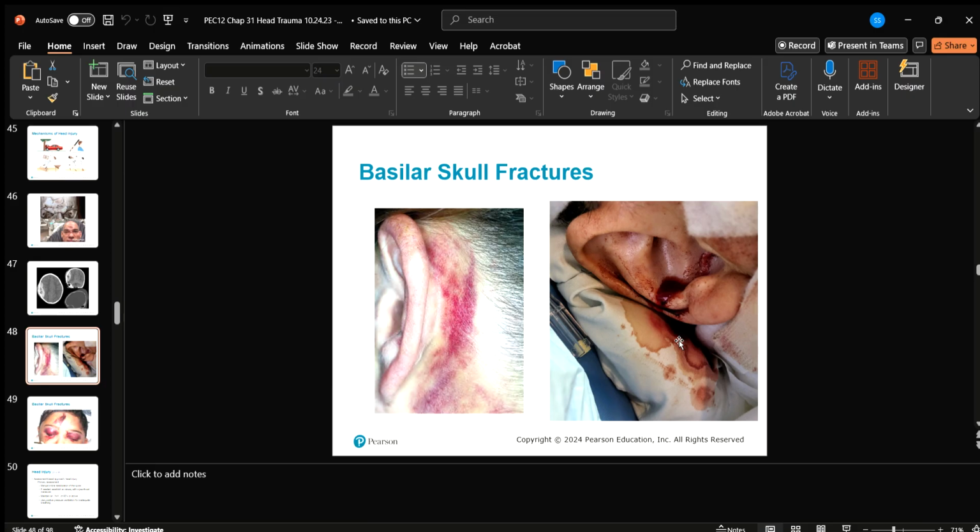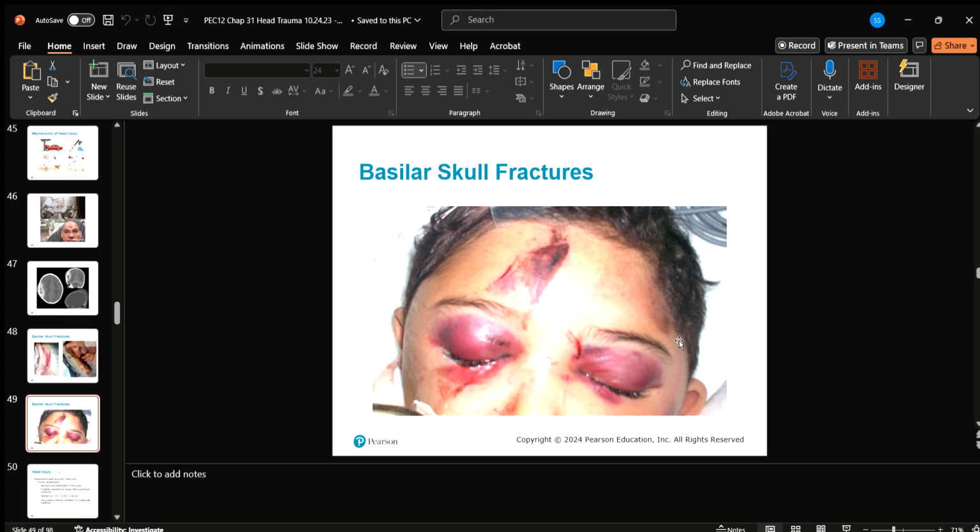If I have CSF in my blood, that means the cranial vault, the skull, is fractured and CSF is now pouring out of it, which clues us in that this is probably worse than I thought. Another indication of basilar skull fractures: raccoon eyes.